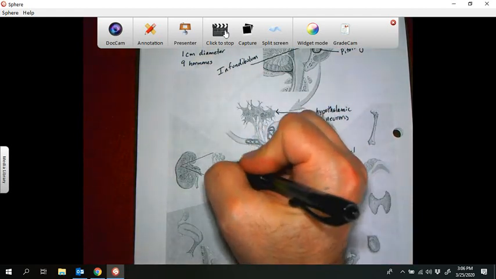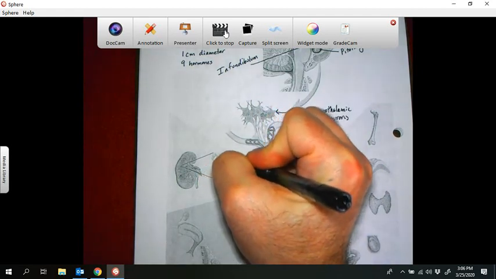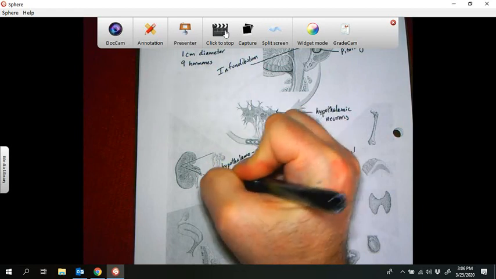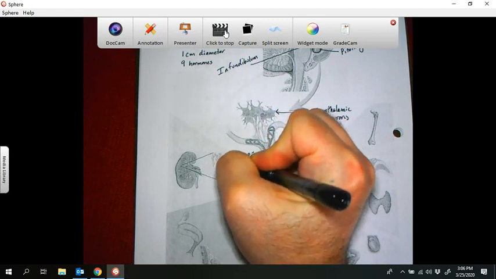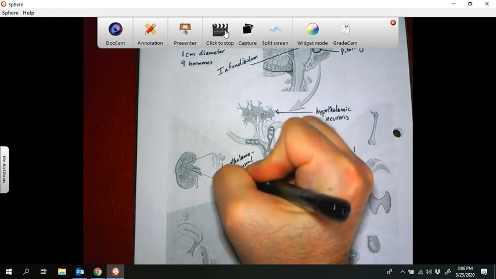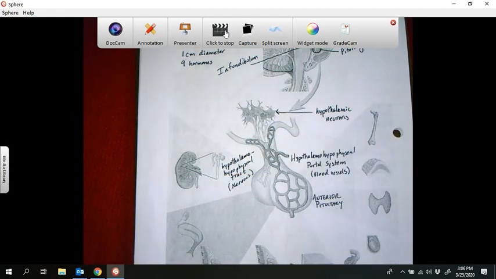This is called the hypothalamo-hypophyseal tract. And this is the nervous tissue or nervous system. So that's what we have for this diagram.